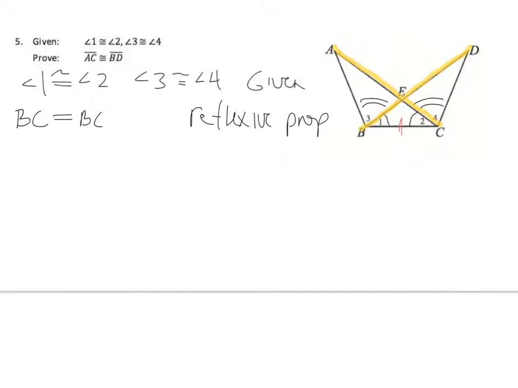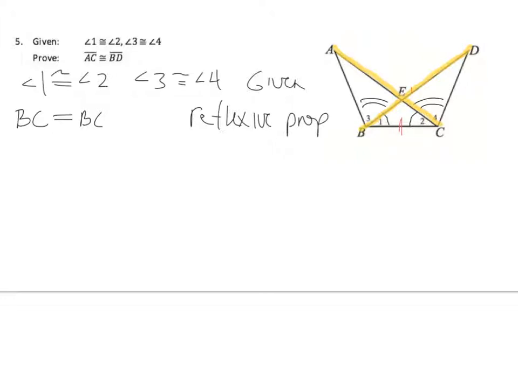All right, so let's look at it. Do I have triangles that are congruent yet? I have side, angle. Nope. So I have an angle and a side for this triangle and an angle and a side for this triangle, but that doesn't quite cut it. Let's see, what else do I know?